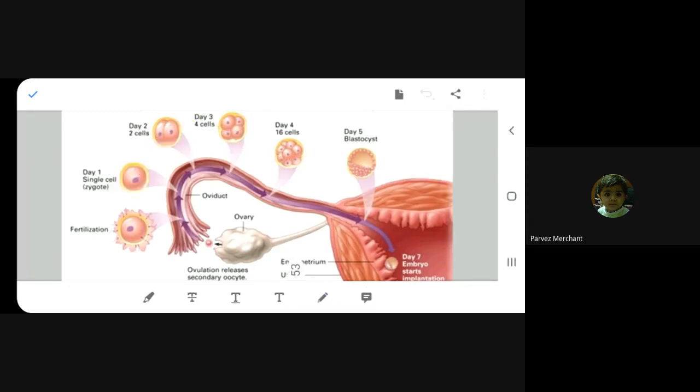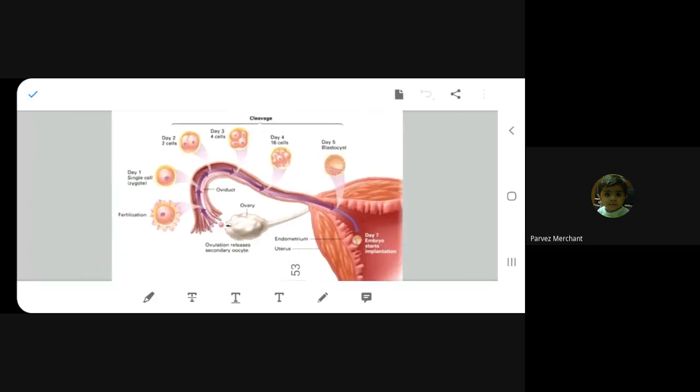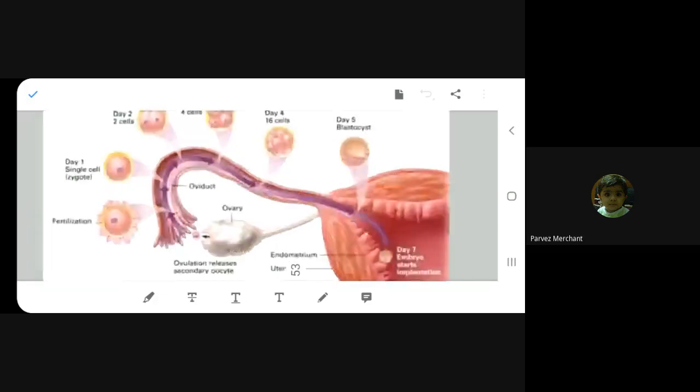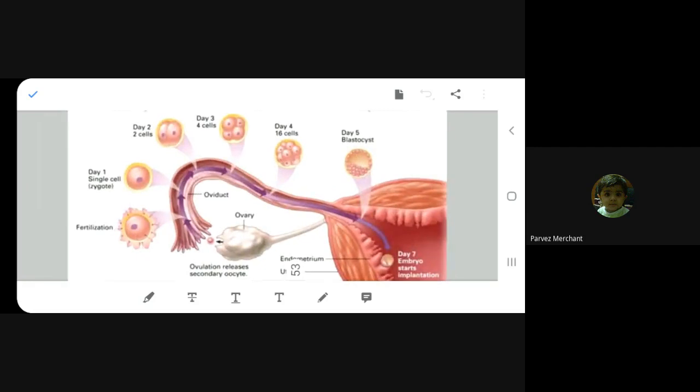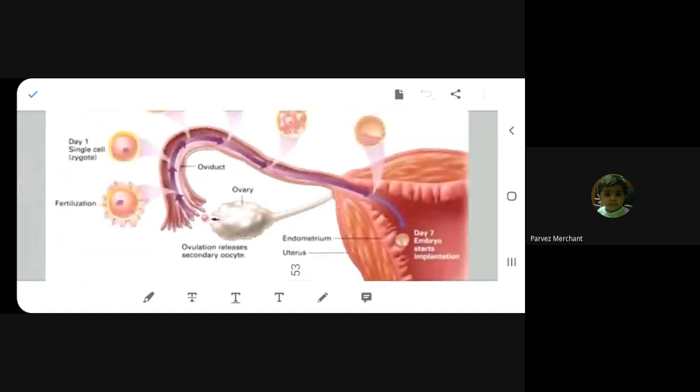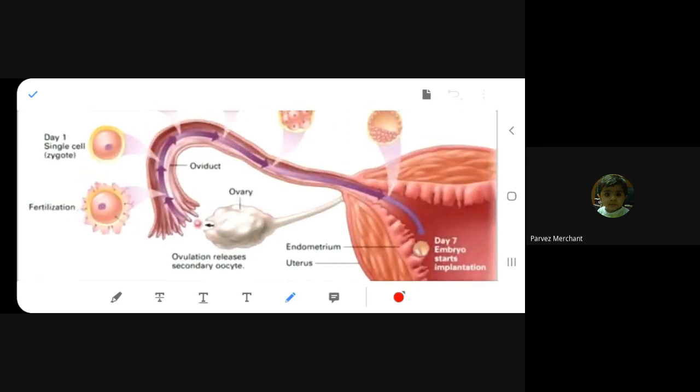Now my question is, if the left ovary gives the ovum and it gets fertilized, then it will be on the left side of the uterus. If the right ovum gets fertilized, then where will it come to? Obviously you should understand that this embryo cannot jump onto the other side.